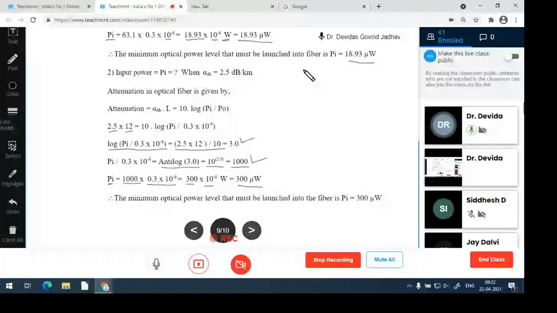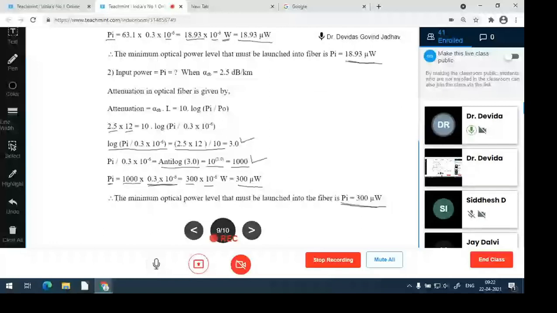Suppose with per kilometer attenuation of 1.5 dB, for getting the output power of 0.3 microwatt, we require a certain input. But if we have the fiber with per kilometer attenuation 2.5 instead of 1.5, then for getting the 0.3 into 10 raised to minus 6, we require input power of 300 microwatt.